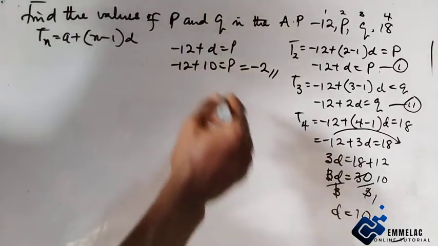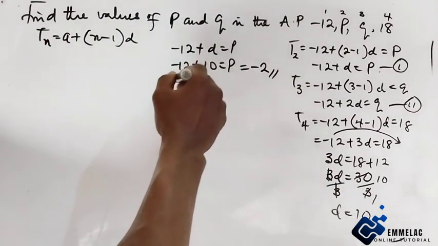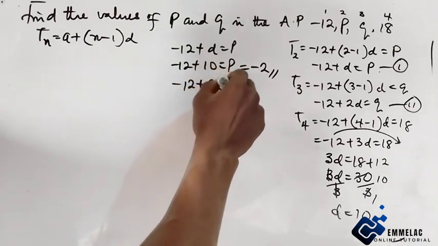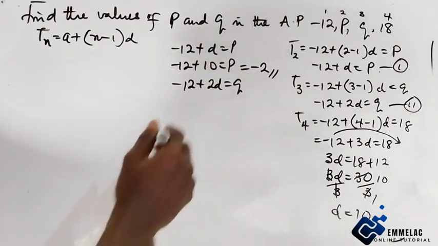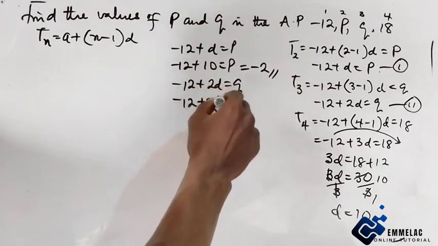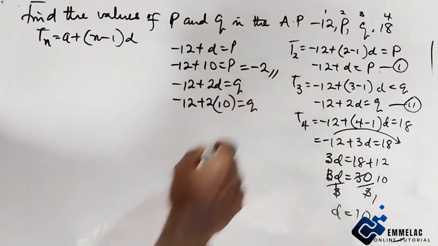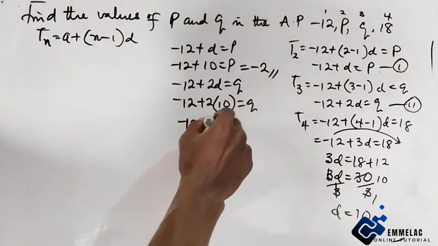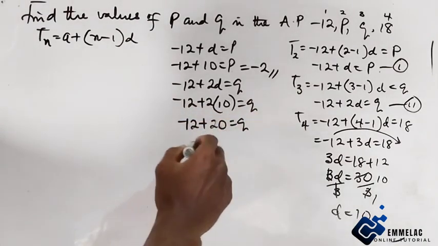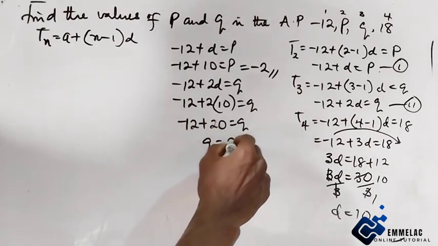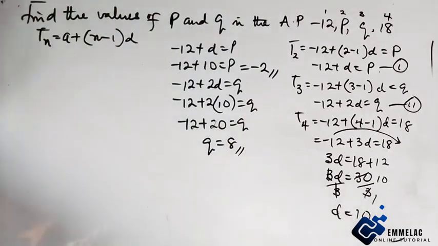Now for the next one, we have minus 12 plus 2D equals Q. So here we have minus 12 plus 2 into 10 equals Q. So minus 12 plus 20 equals Q, which will give us 8. So Q equals 8. That is the final answer.